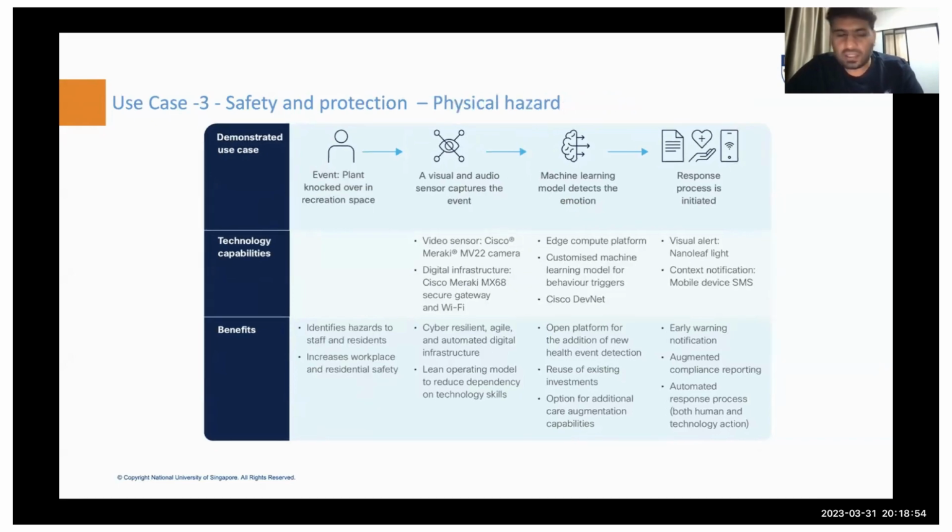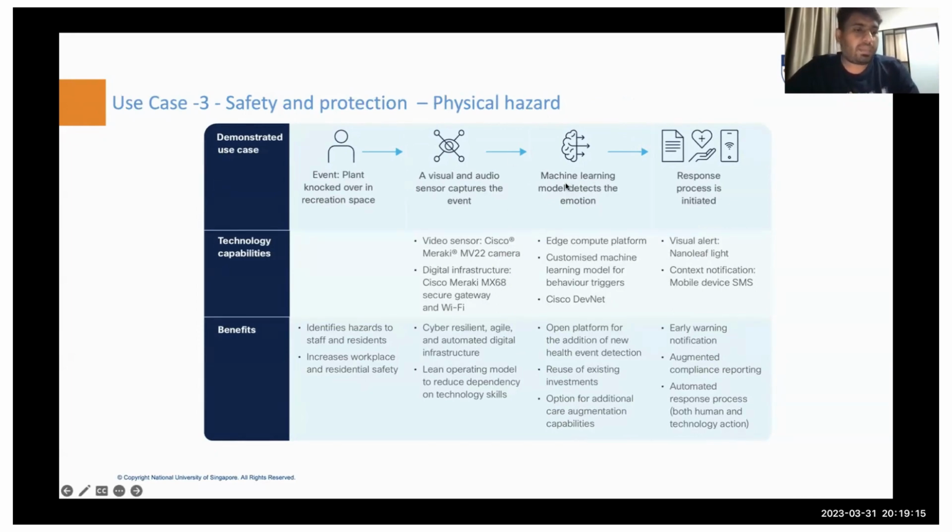And physical hazards. All these projects which we are taking up now are meant especially for the hospital environment. Maybe later it can be given to particular designated or customized environments, but primarily we are focusing on the hospital environment. So, physical hazards.